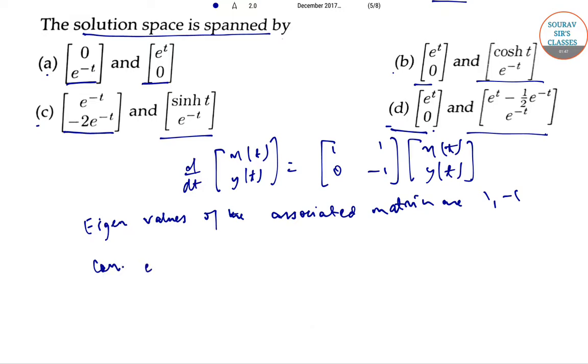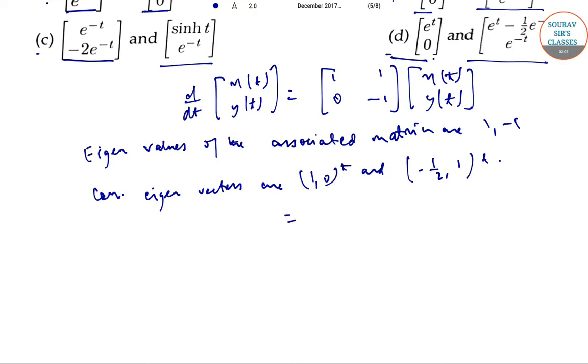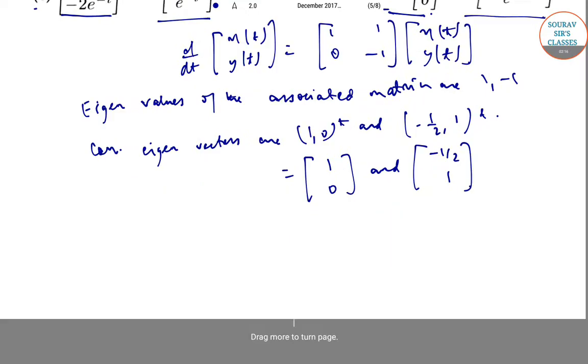And the corresponding eigenvectors are (1, 0) transpose and (-1/2, 1) transpose. So basically the eigenvectors are (1, 0) and (-1/2, 1).